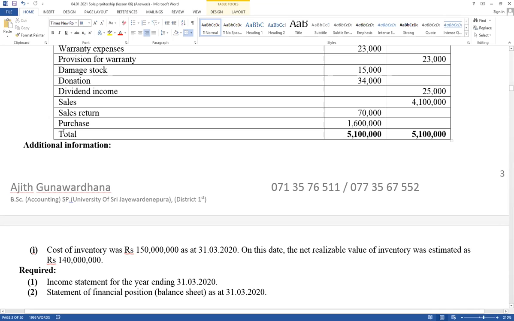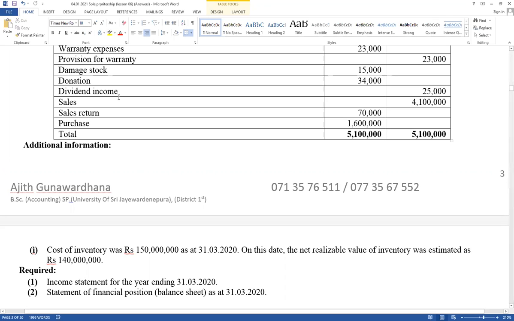In this example, only one adjustment is given. Today I am going to discuss the depreciation adjustment also. And we have to discuss EPF and ETF adjustment, goods sent on sale or return basis adjustment, bad debts and doubtful debts adjustment, damaged stock adjustment, accrual and prepaid expense adjustment.